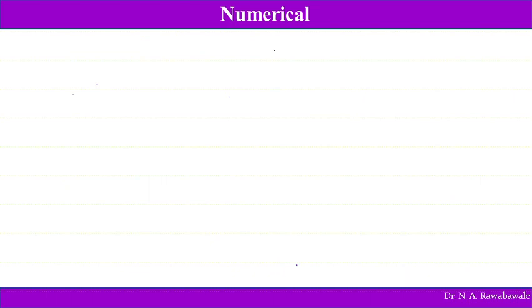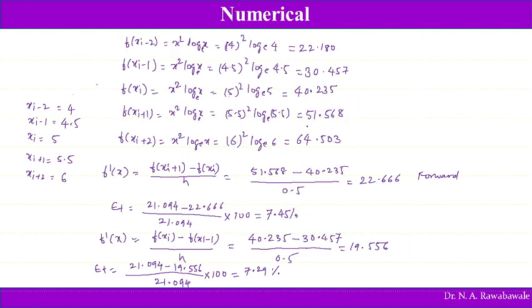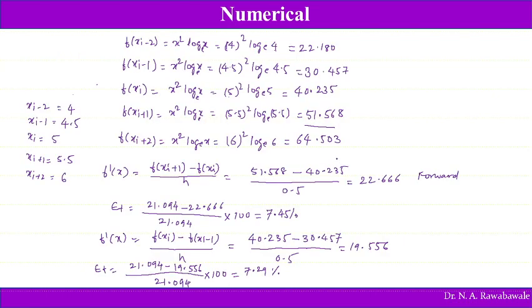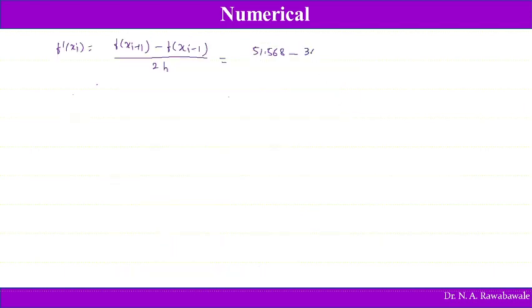The center divided difference formula. Now we can write this formula as f dash of xi equal to f of xi plus 1 minus f of xi minus 1 divided by 2h. So f of xi plus 1 is 51.568 minus f of xi minus 1, which is 30.457, divided by 2h. 2 into 0.5 means 1.